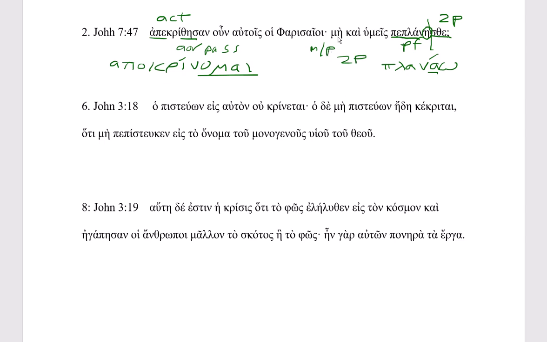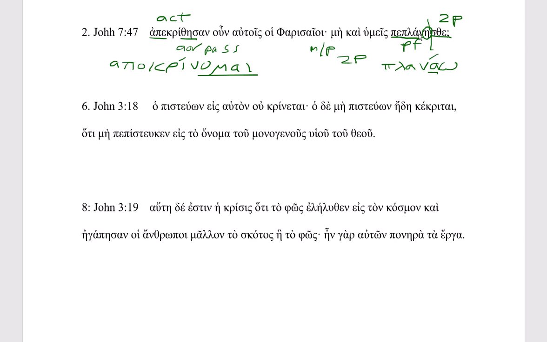So we have mē ouk kai. We'll take a look and see what that is in a second. Humeis, you plural, and then you are deceived. In this case, the perfect would be you have been deceived. And so the kai here is going to be adverbial. It's going to be more like "also." So, not also you have been deceived. So we'd say as a question, is it not the case that you have been deceived?